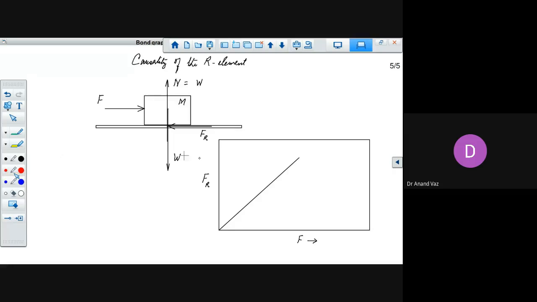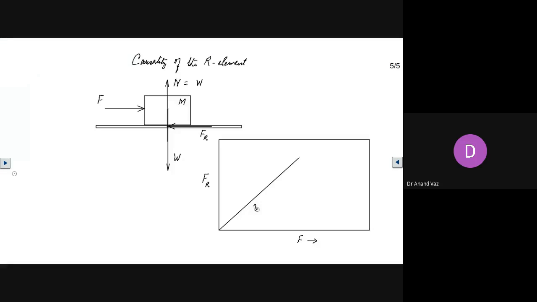But up till here, in this entire region, the velocity of the block is going to be equal to 0. So we'll take this as the velocity of the block. Initially it is at rest, and so in this region velocity is equal to 0.